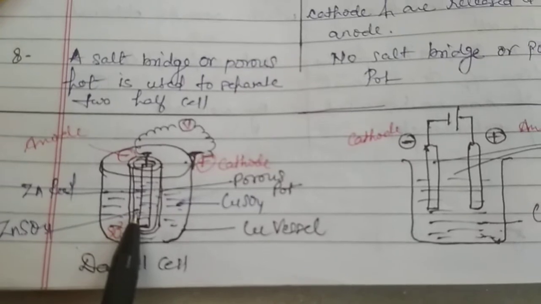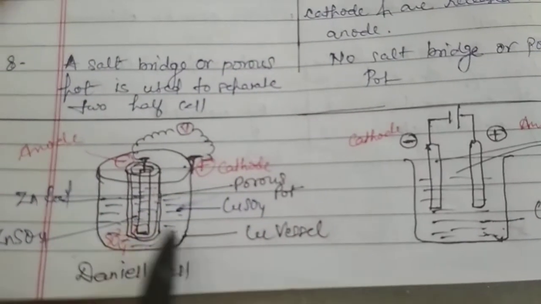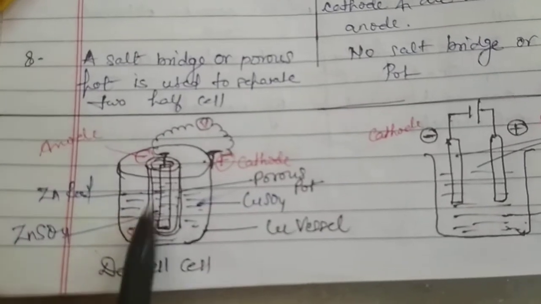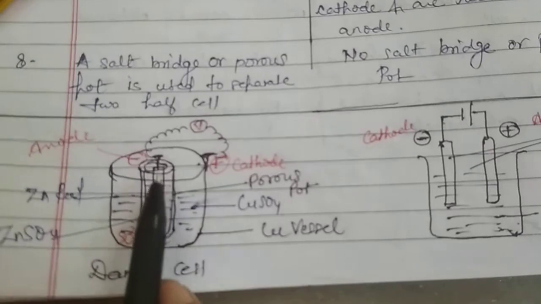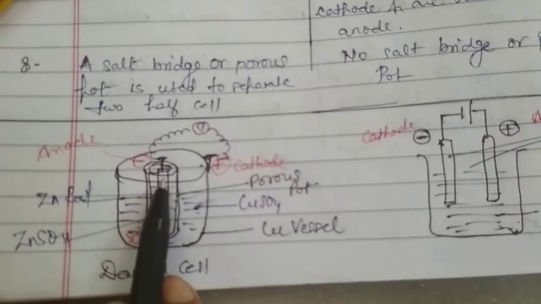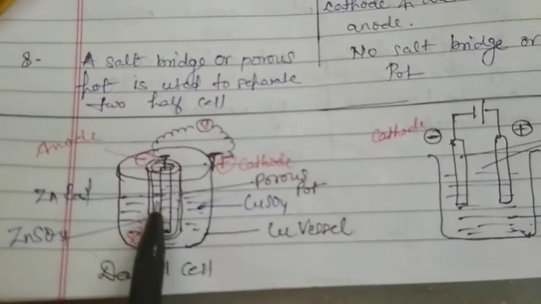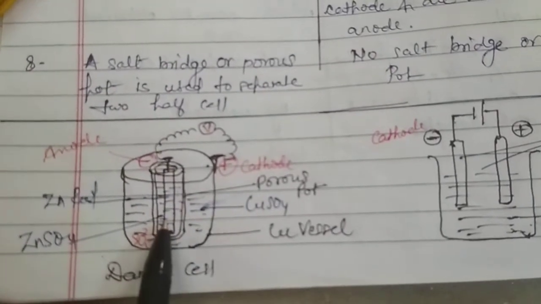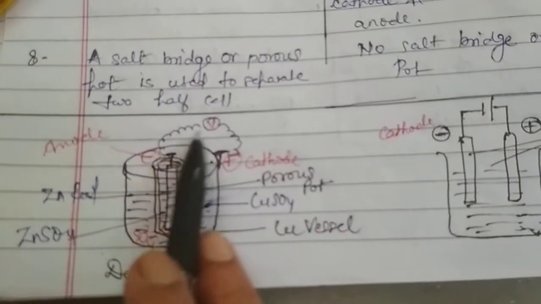In place of a salt bridge we have taken a porous pot inside, in which we have a zinc rod that works like an anode with the negative sign, having zinc sulfate as an electrolyte inside.